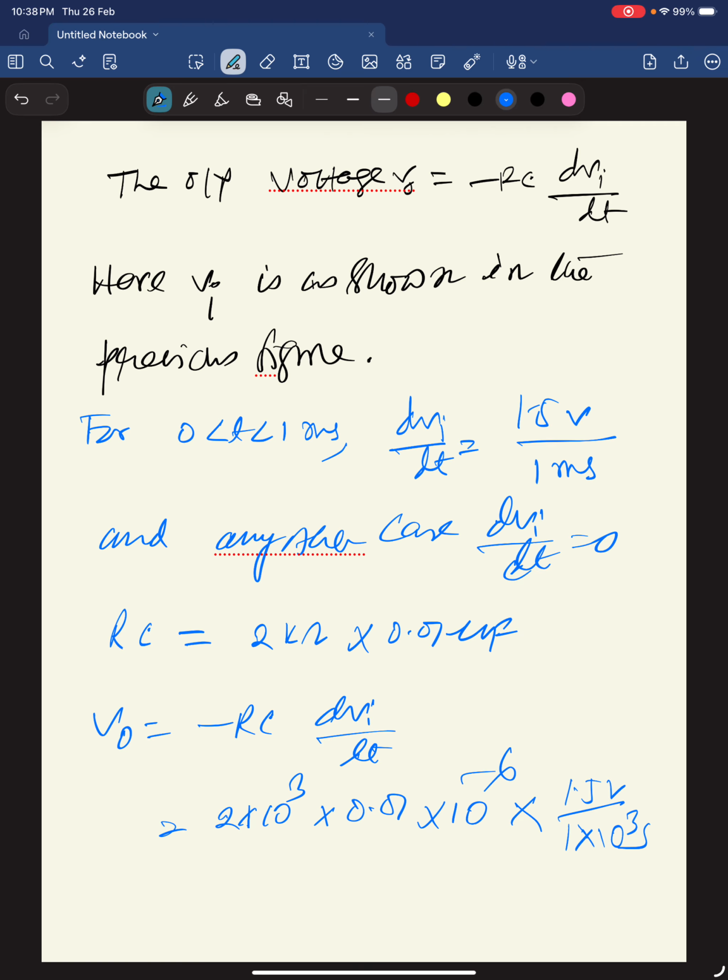So if we calculate it, it will give you minus 30 millivolt.